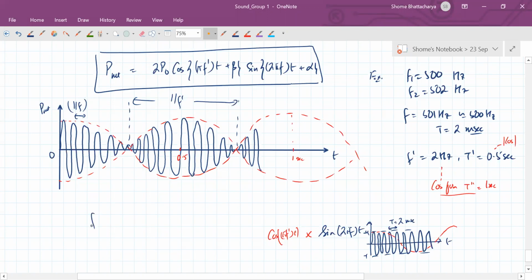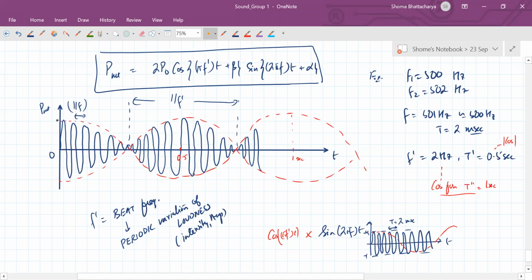So that's why f prime is the beat frequency. It is the periodic variation of loudness, intensity, amplitude, etc.